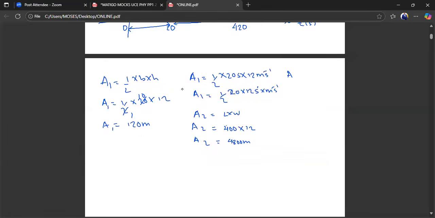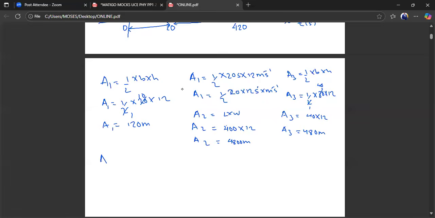Now, area A3 is a triangle which is given by half base times height. Our base is 80, so a half times 80 is 40. Our height is 12. So it will be 40 times 12, which will eventually give me 480 meters.